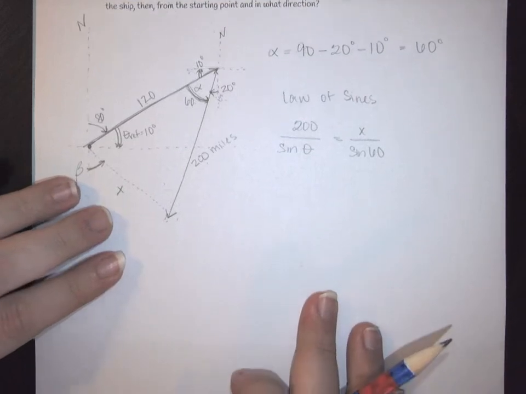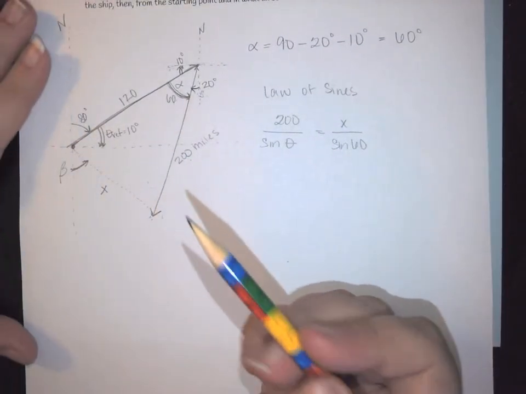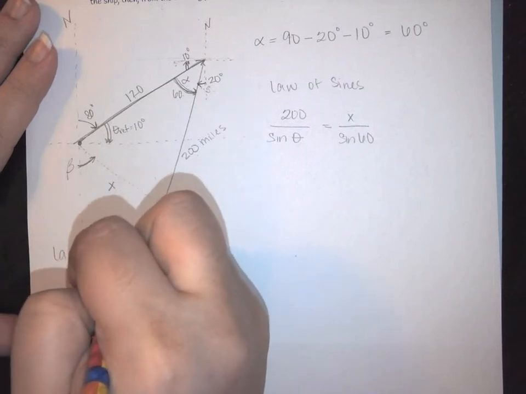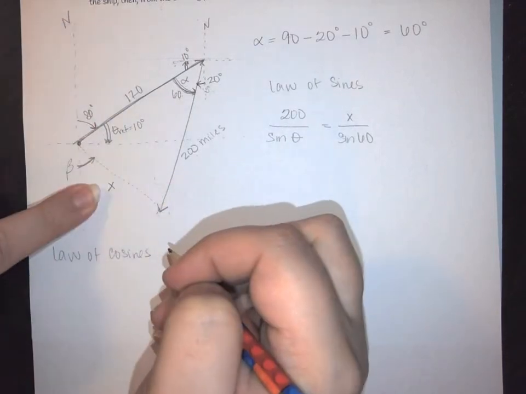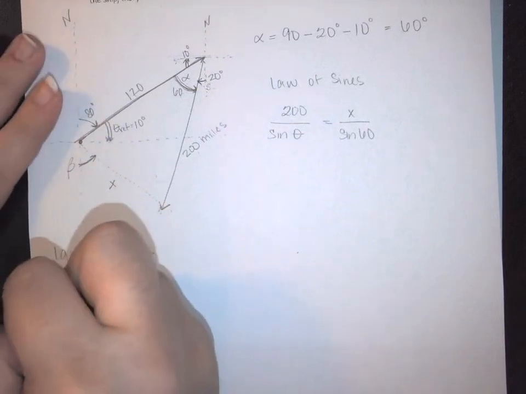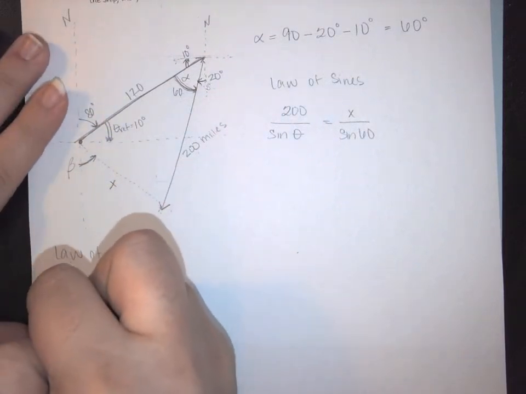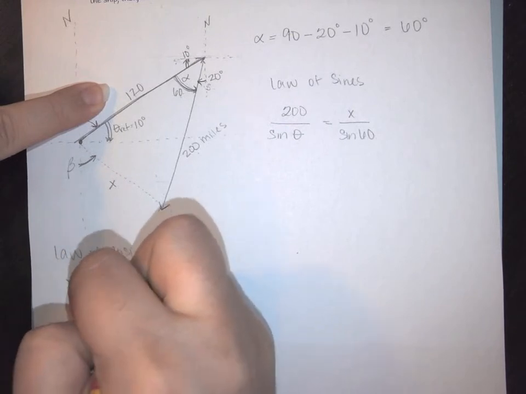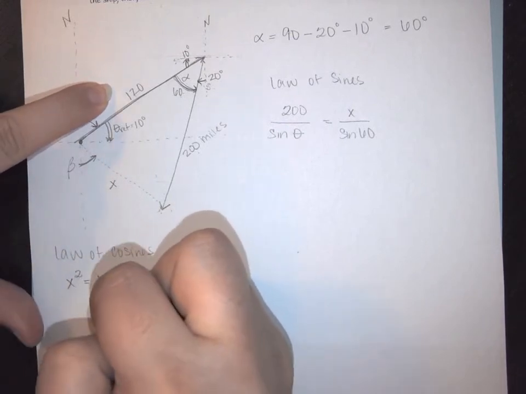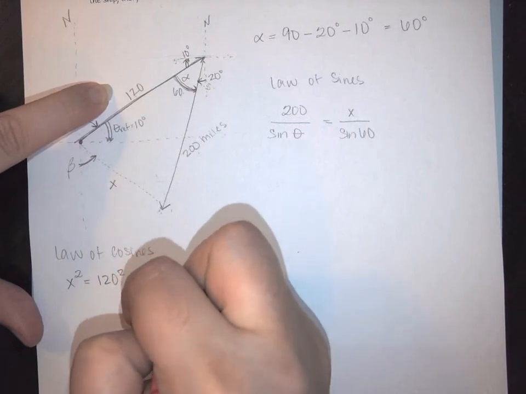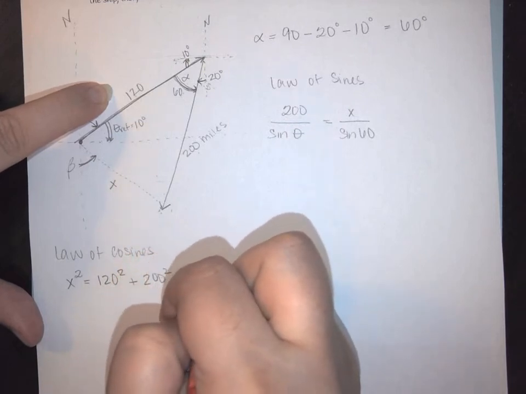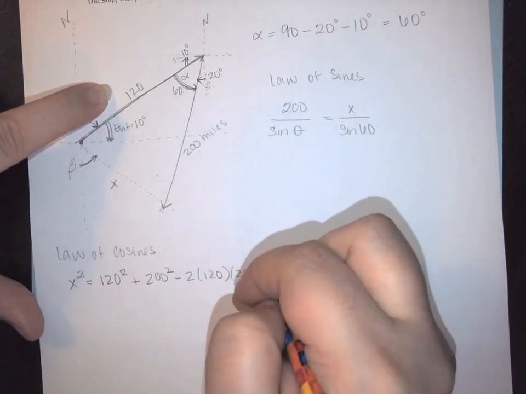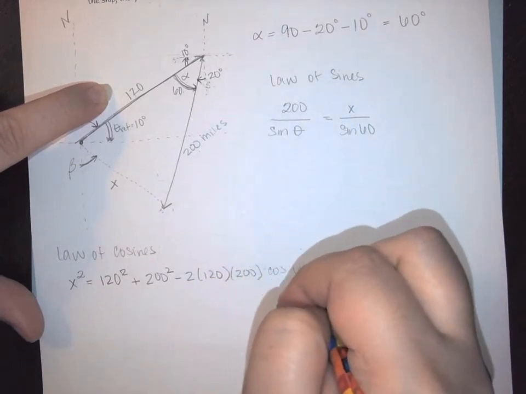So here I can use the idea of law of cosines. So I'm going to use law of cosines to find this x. So that says x squared is equal to my one side, so 120 squared, plus my other side, which is 200 squared, minus 2 times 120 times 200 times the cosine of 60.